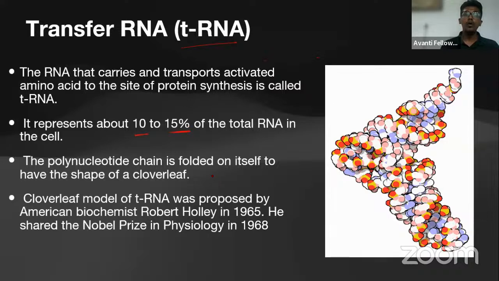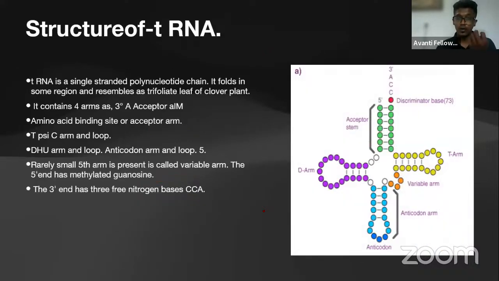If you look at the tRNA shape, it looks like a clover leaf shaped structure. The structure of tRNA was suggested by Robert Holley in 1965, and he got a Nobel Prize for this description of the tRNA structure.